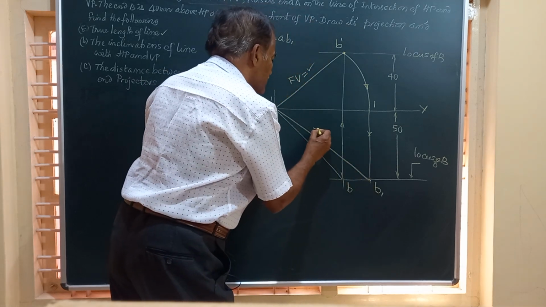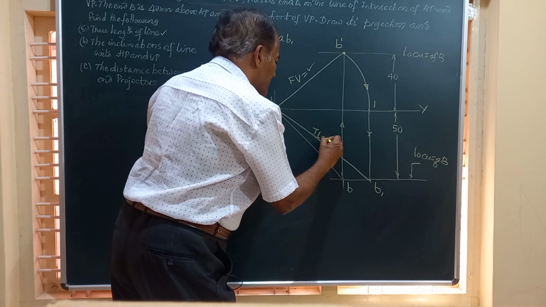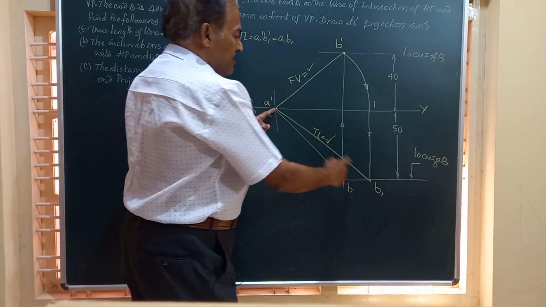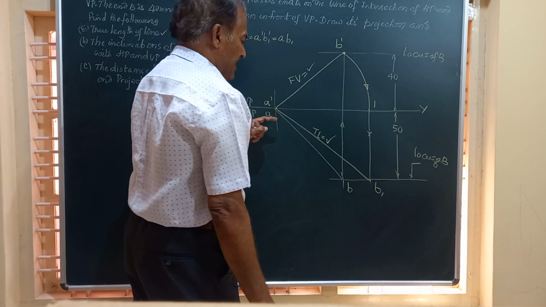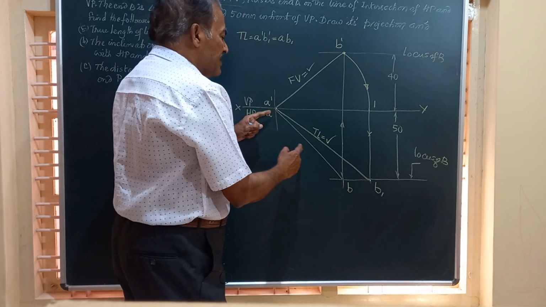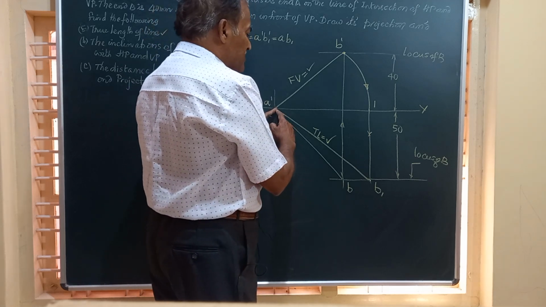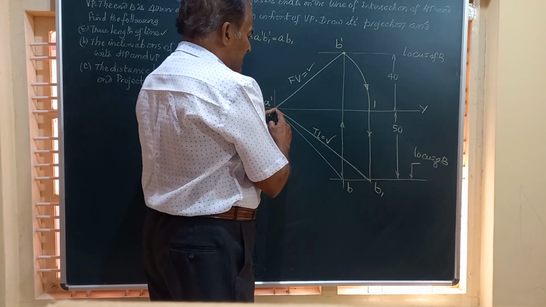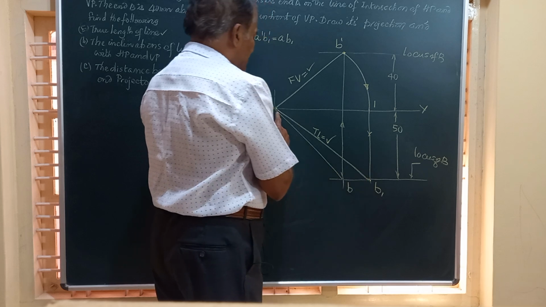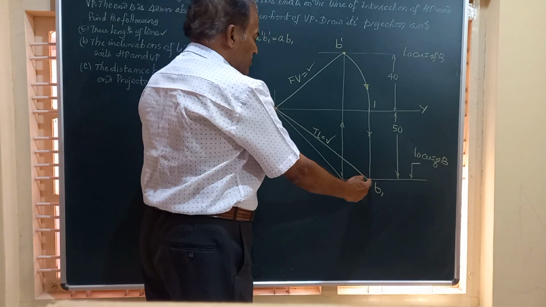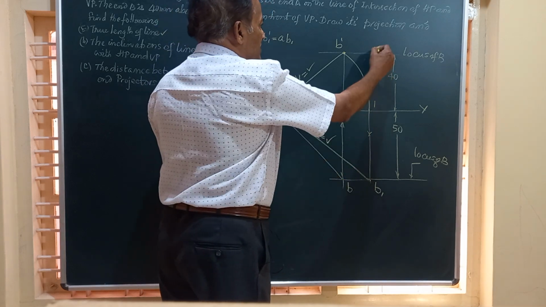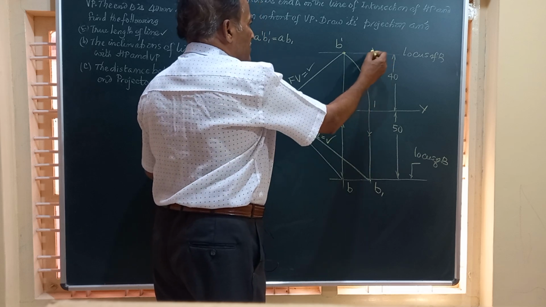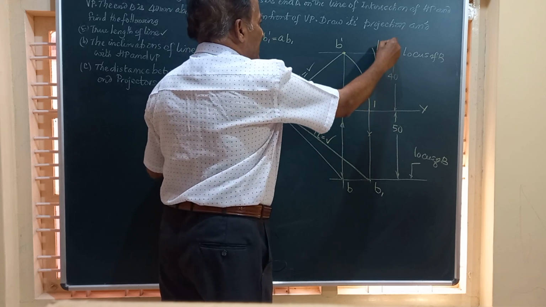This is the true length of the line. You can measure this length by keeping a scale between A dash and B1 dash. And similarly, friends, you can also show the same true length in the front view above the XY line. Take this true length with center A dash and radius equal to this length. You draw an arc, so you are going to get the point B1 dash.